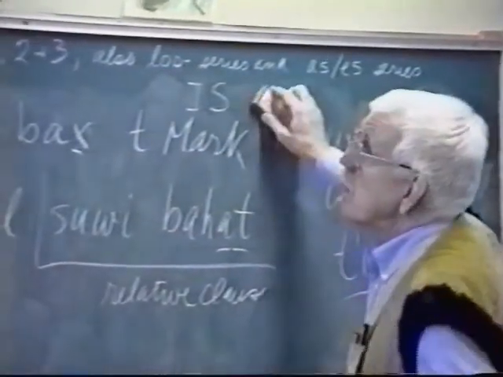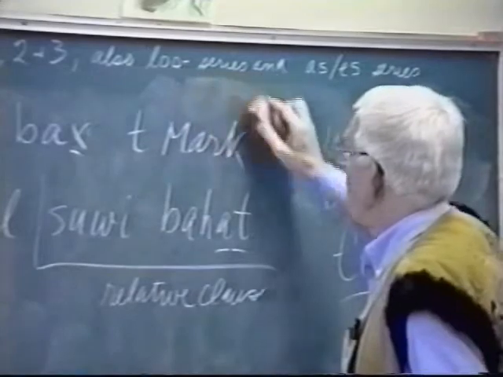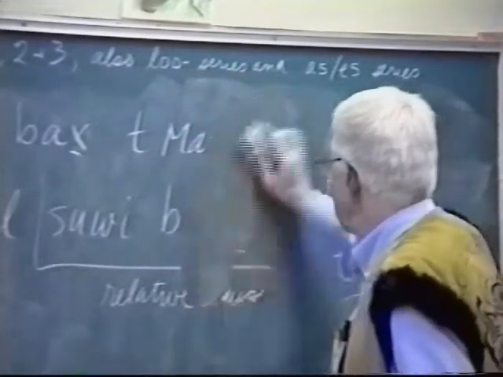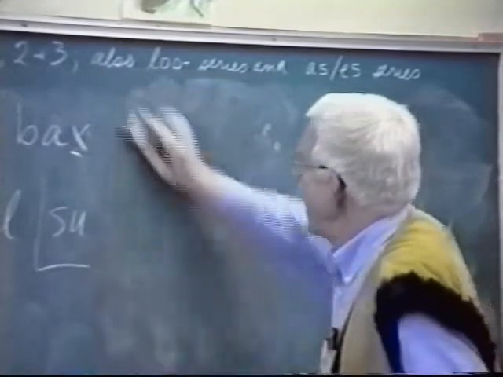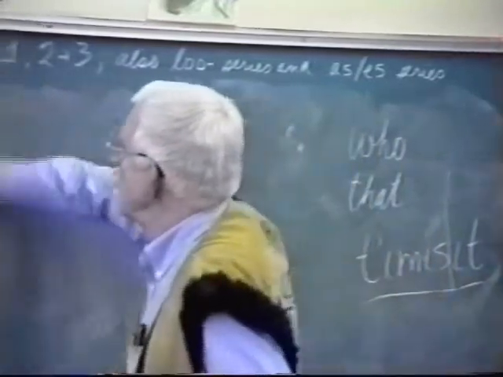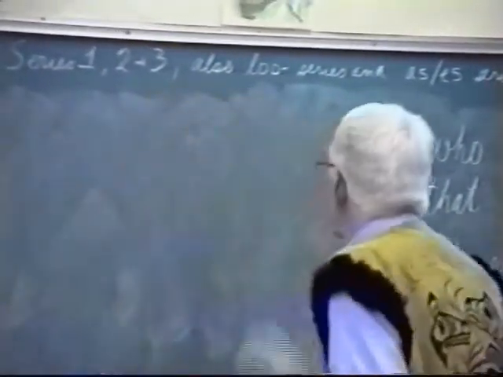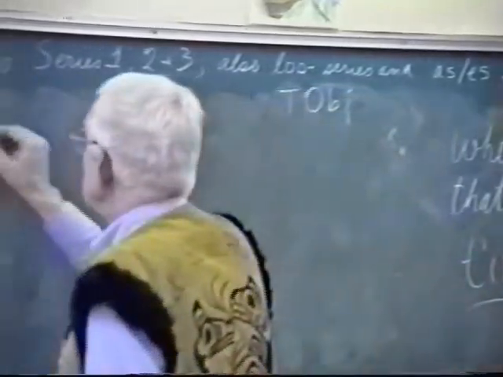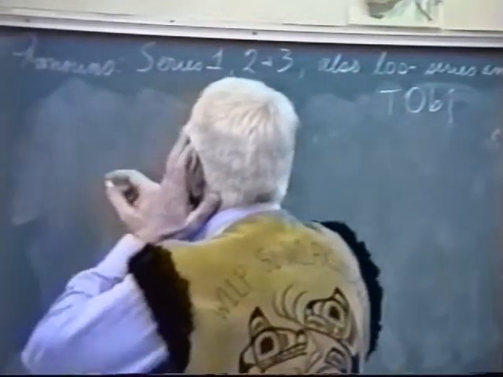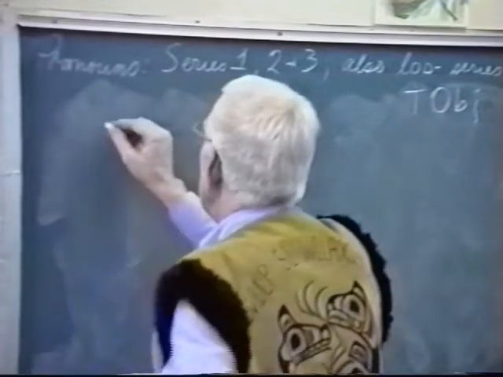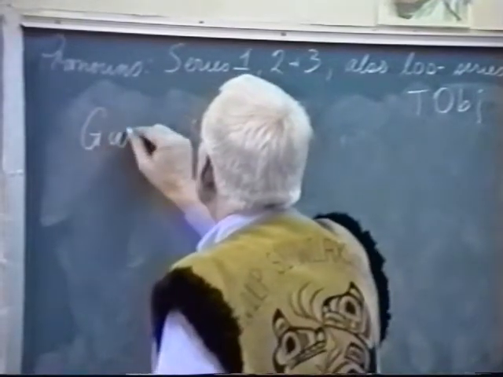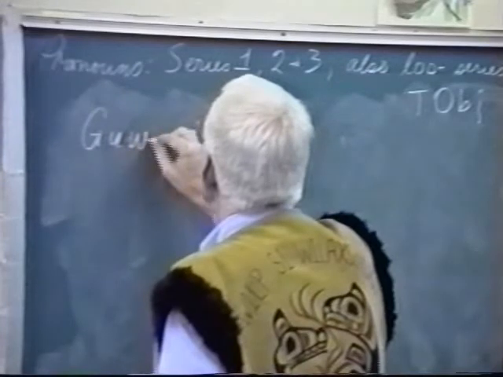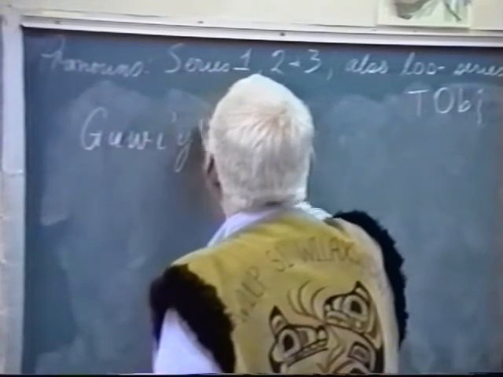Moving on, we were looking next at transitive objects. What happens when you get a transitive object and you want to make a relative clause? So we'll stick with our sentence that we were using here before.